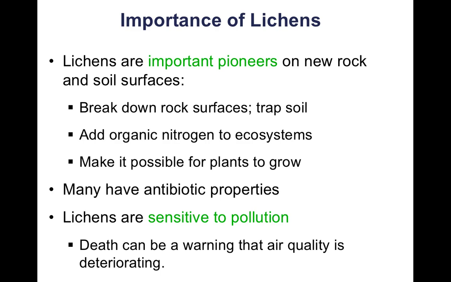So when the air is highly polluted, it can inhibit lichen growth or even kill lichens, and they are essentially a bioindicating species. So they are an organism that can tell us about the abiotic environment by their presence or absence or their amount of growth.